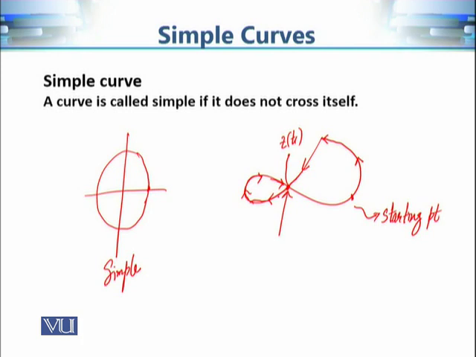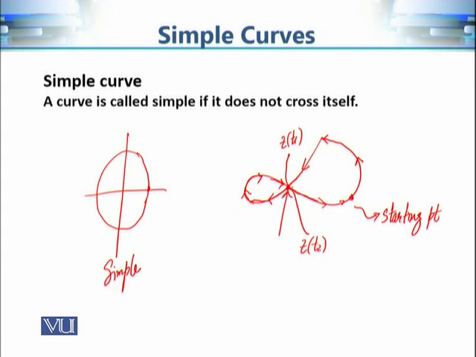But when we are coming back to the same point, so in other words, this point is also represented by some other value of the parameter t2. So this point is z of t1 as well as z of t2, and then we go back to our initial point. So what does this represent?